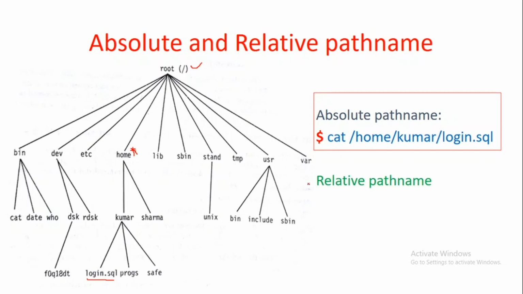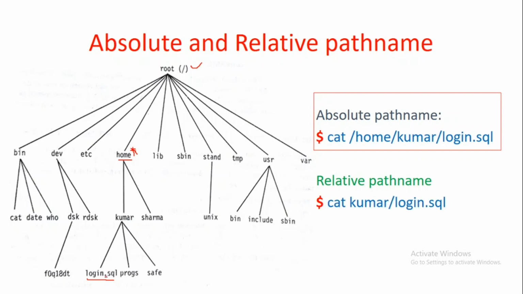The other way of giving a path name is relative. What do we mean by a relative path name? A relative path name is a path name that is given relative to the current working directory. What is the current working directory? Home is the current working directory, under which there is Kumar, and under which there is a file called login.sql.